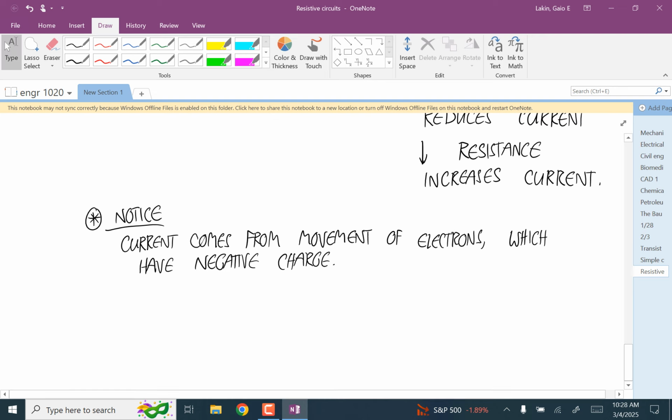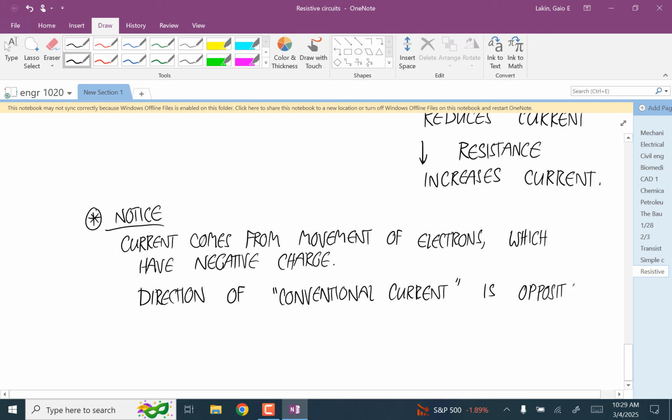Okay, so the direction of conventional current is opposite the direction of electron flow.